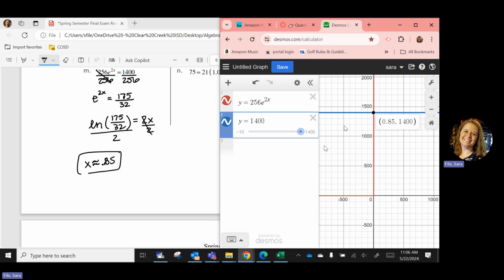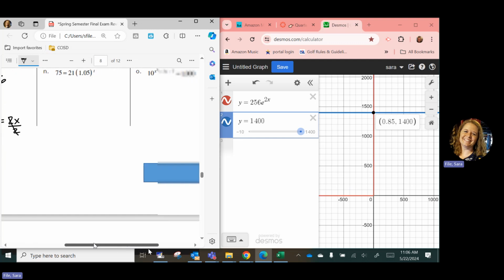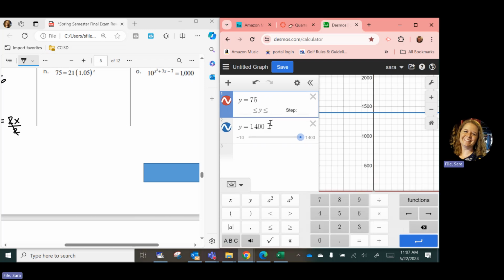Okay. All right, so 3 different options for how to solve that. So then let's try, in this next one, one of these graphing methods, since that is technically faster. Okay, so I'm going to type in the left side, which is just 75, and the right side, which is 21 times 1.05.